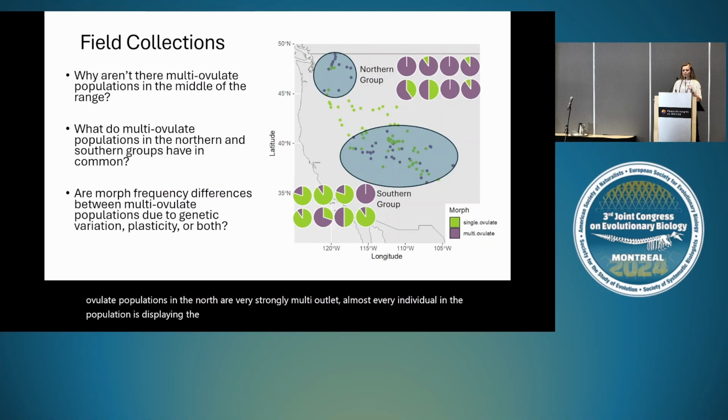And the variation that we see between the multi-ovulate and the single ovulate population could be due to genetic variation, but it also could be due to plasticity. In the southern group, we're much more often seeing the single ovulate phenotype, even among populations that have the multi-ovulate phenotype. So are these frequency differences between the multi-ovulate populations due to genetic variation, plasticity, or both? And that's a question that I have yet to answer.